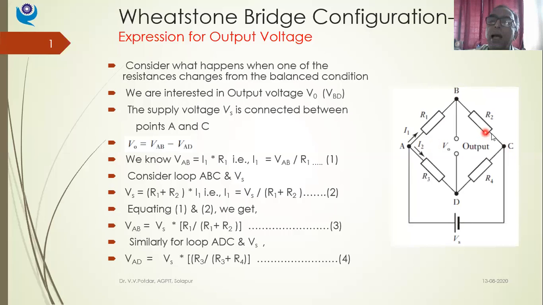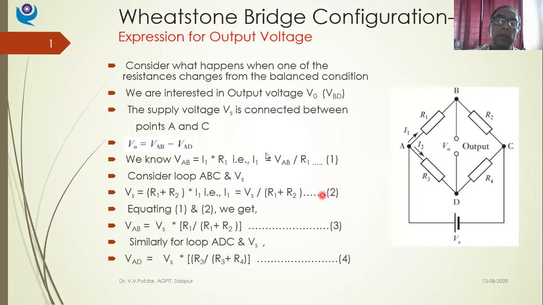Taking I1 common, Vs is equal to I1 into bracket R1 plus R2. Solving it for I1, I1 will be equal to Vs upon R1 plus R2. This is my equation number 2.